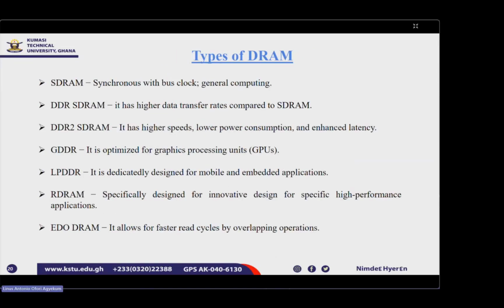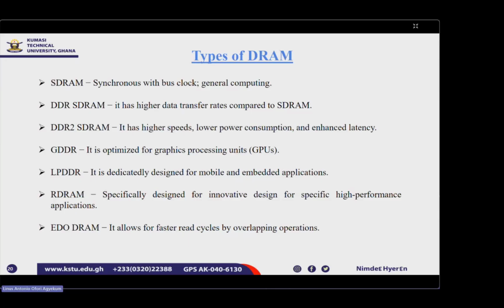So the types of DRAM, we have the synchronous DRAM. And when we say something is synchronous, what it basically means is that it syncs with a certain time. Okay, so in this case, it is synchronous with the bus clock.